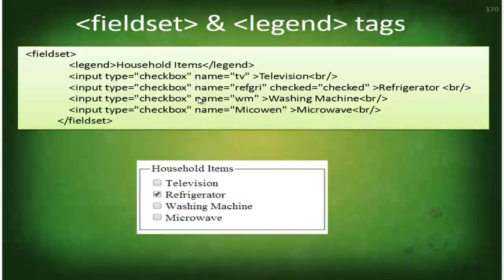When you want to show something to the user, like personal information, one block and show all of them, maybe some other academic achievements, one block and show to the user. You can do that by using field set and slash field set, and put the legend.